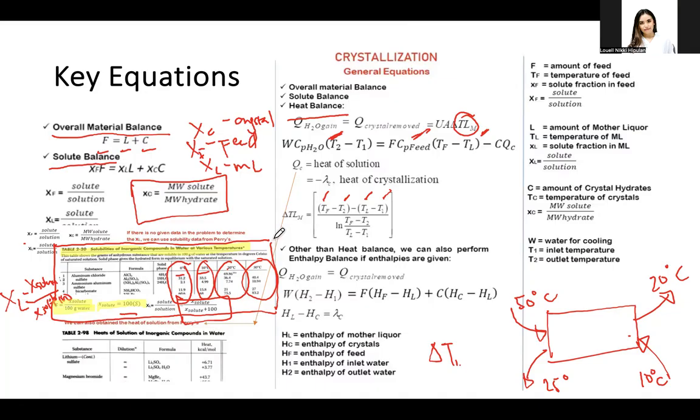So, delta TLM is equal to 50, the temperature of your feed, minus 25, minus the temperature of your mother liquor, which is 20 minus 10, over ln of 50 minus 25 over 20 minus 10.